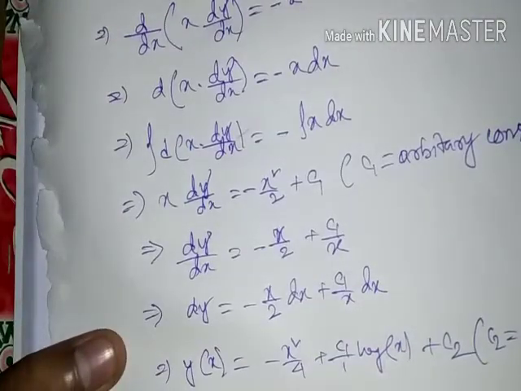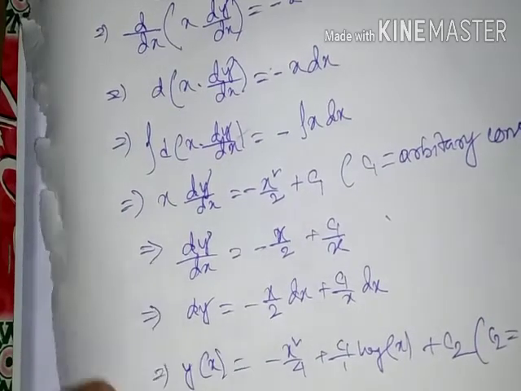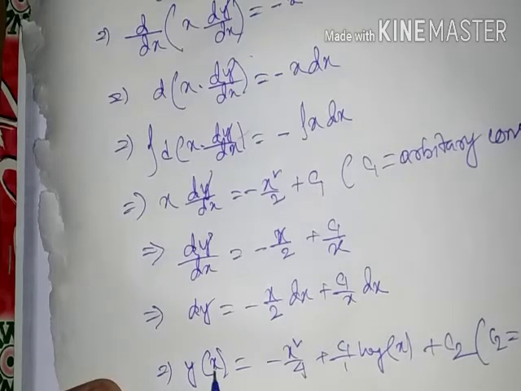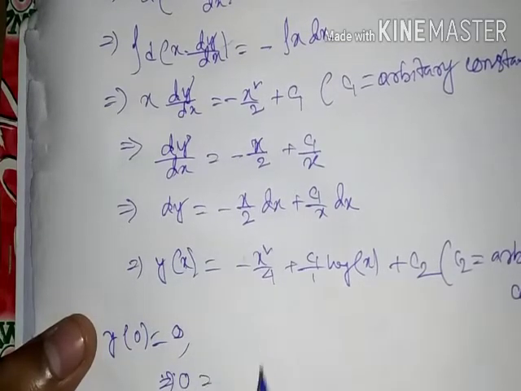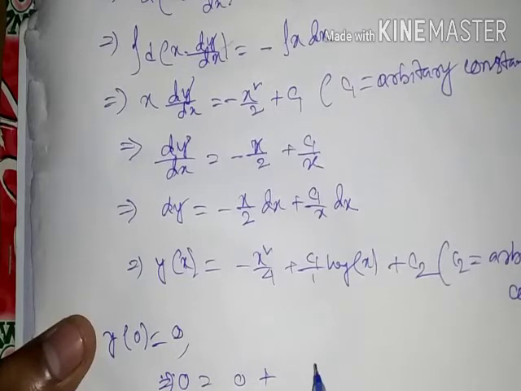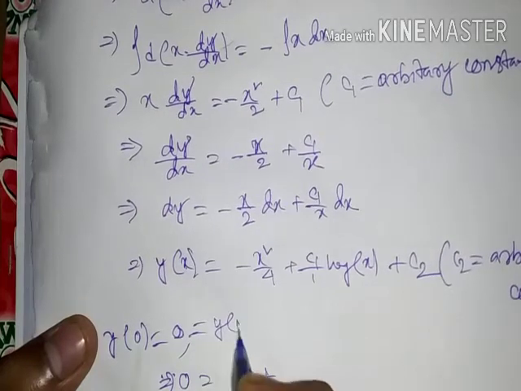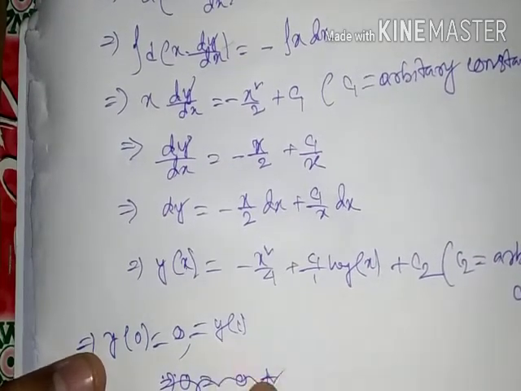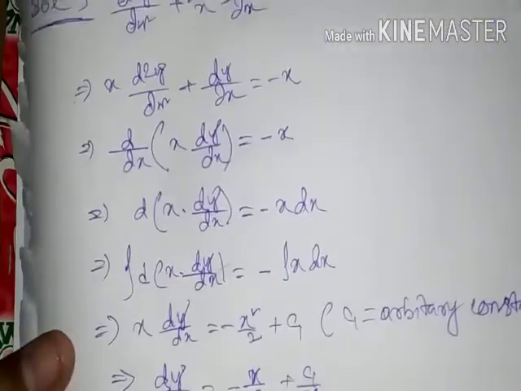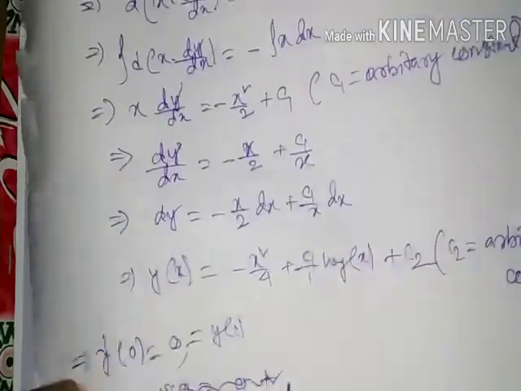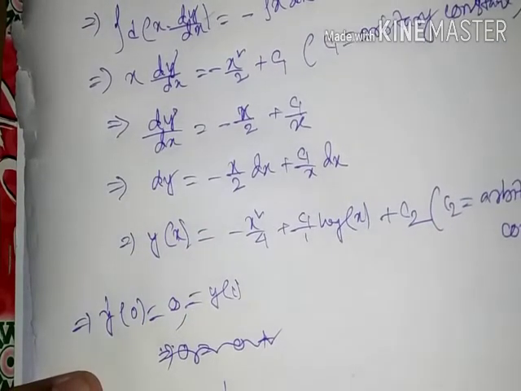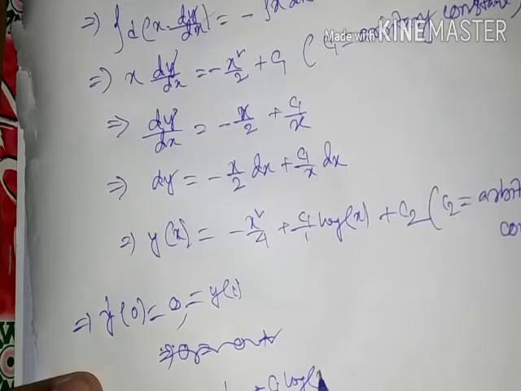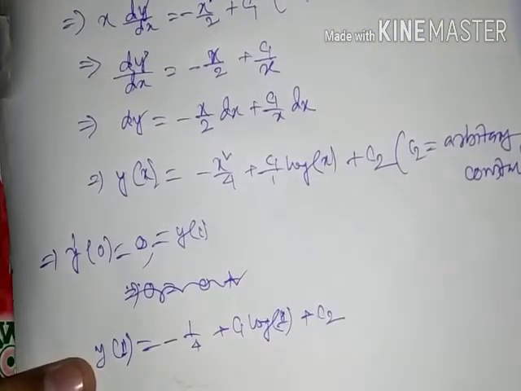Given y of 0 equal to 0 and y of 1 equal to 0. First we put x equal to 1: y of 1 equal to minus 1 by 4 plus c1 log of 1 plus c2.